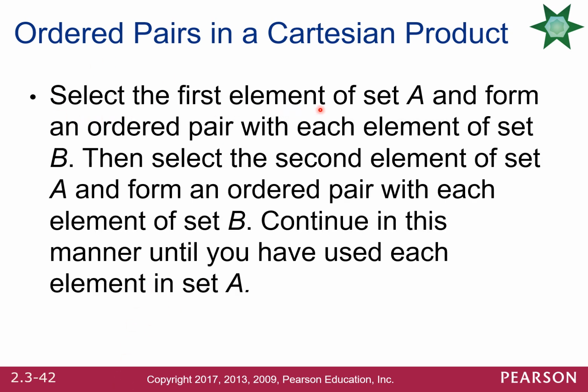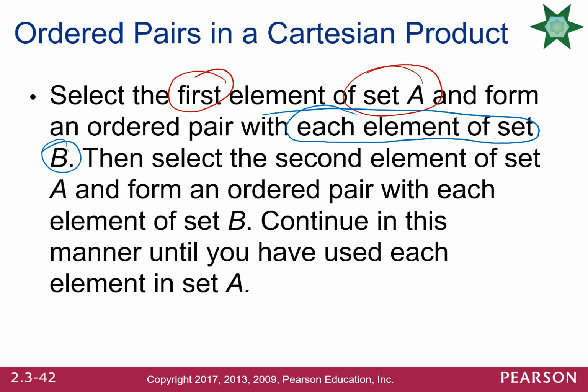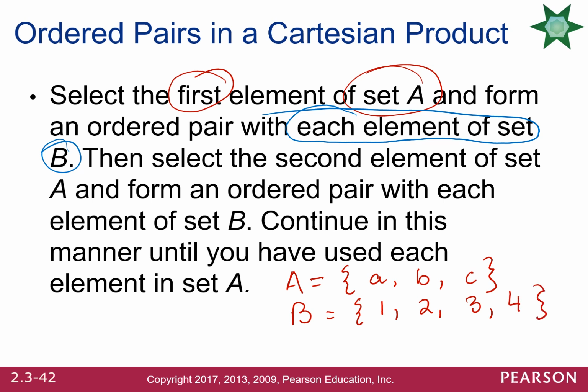It says select the first element of set A and form an ordered pair with each element of set B. So here are the key words: select the first element of set A and we are going to combine it with each element of set B. To give you a quick example, let's say set A has these elements A, B, and C, and set B has the elements 1, 2, 3, and 4.